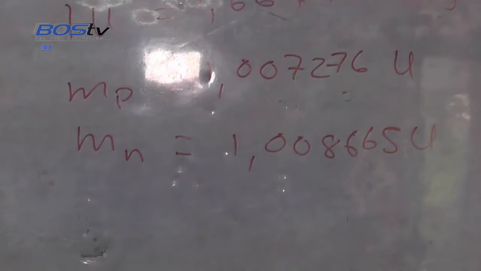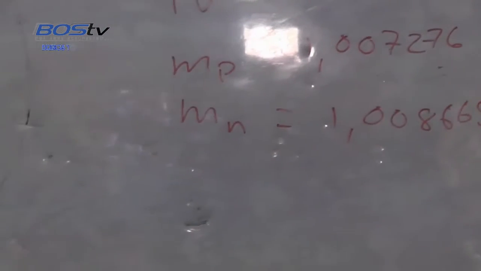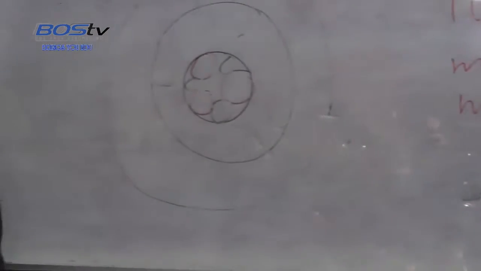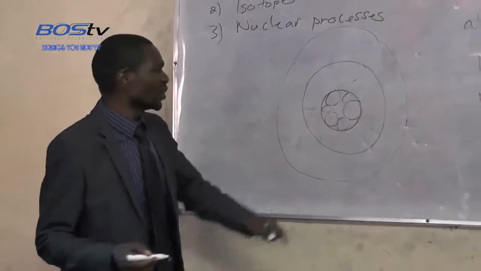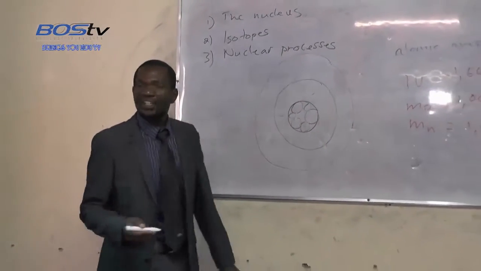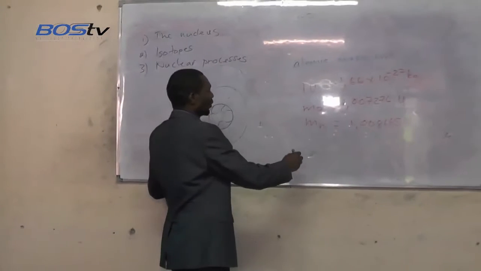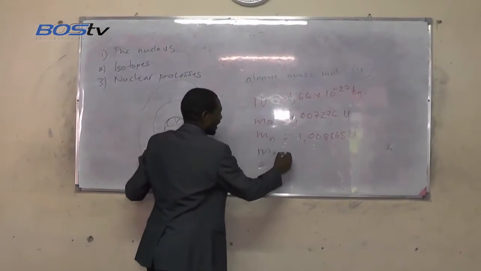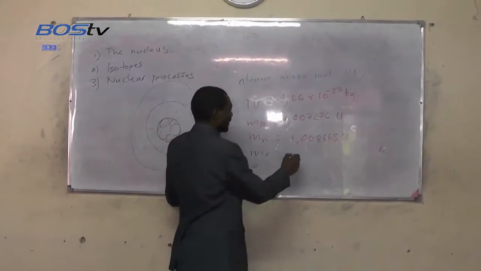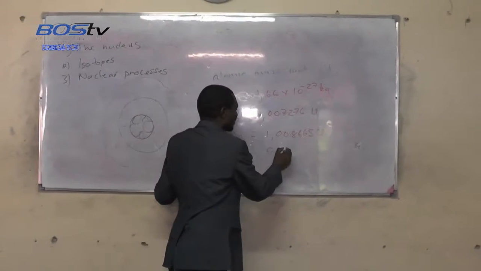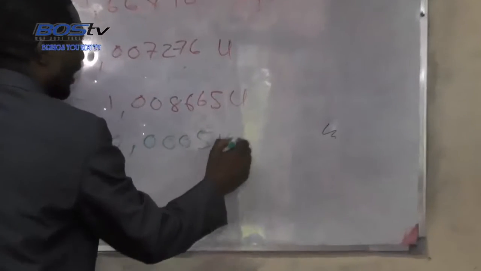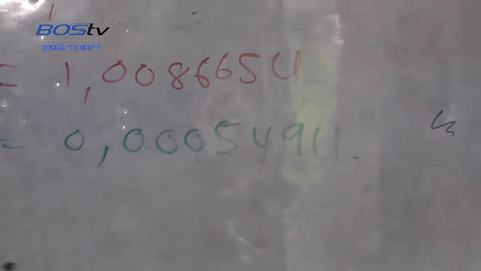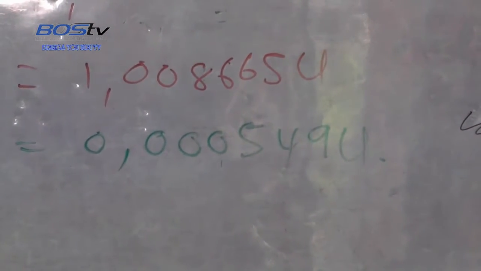Especially since we are dealing with processes occurring in the nucleus, we don't look at the mass of an electron because we don't have electrons inside the nucleus. However, we can also look at the mass of an electron as 0.000549 U. So these are the masses which we'll be dealing with.